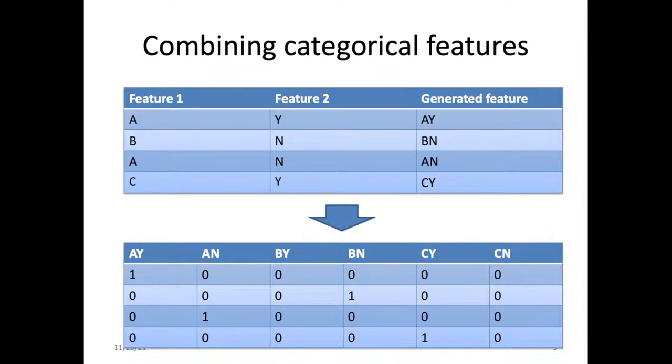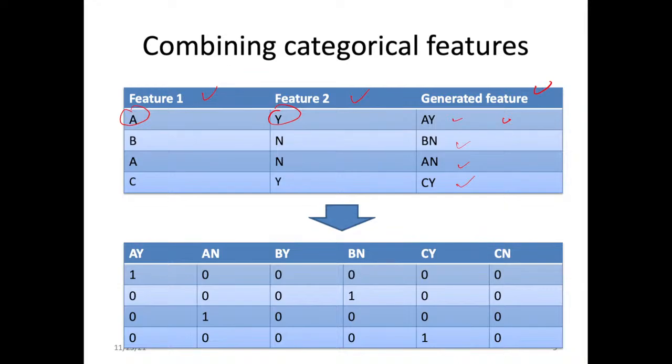So sometimes if we have two different categorical features, people would generate a new feature by combining these categorical features together. And then, in this case, you will end up having 4 distinct pairs. And then you just list all these pairs.